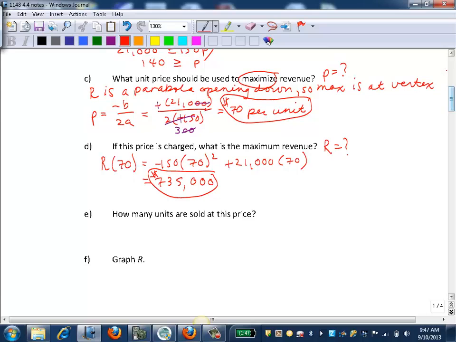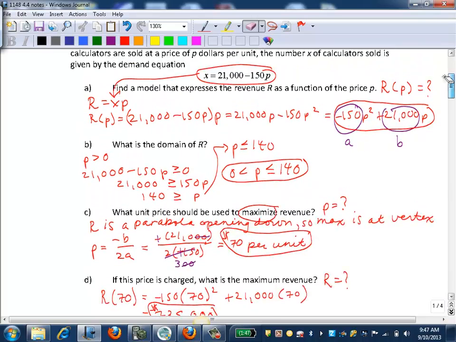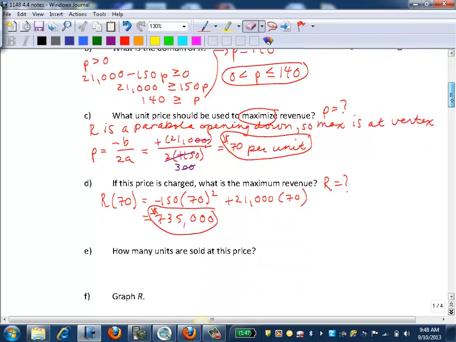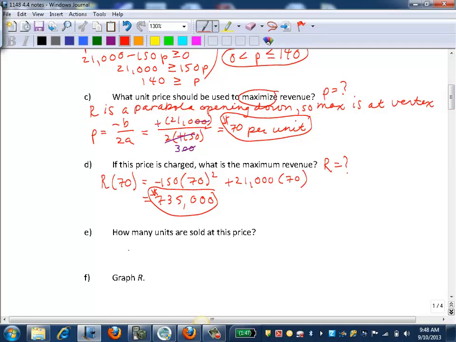Okay, then part E, they want to know, in order to bring in this maximum revenue, how many will they actually have to sell? Well, remember, we were given this demand function up here, the units sold as a function of the price. So we can fill in x equals 21,000 minus 150 times, and we know that the unit price of $70 will bring us that maximum revenue, so we'll plug in the 70.